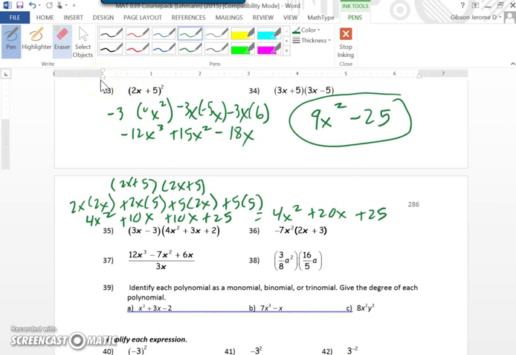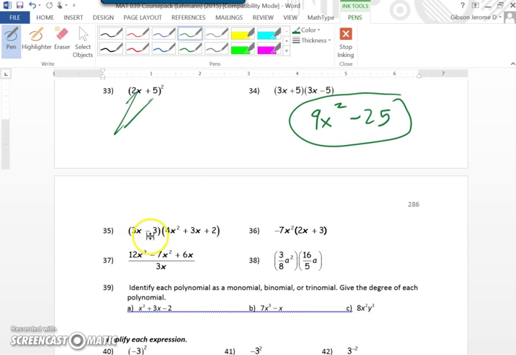Now we are going to go down here to problem 35. If you look here at problem 35, you notice we have a binomial times a trinomial. So we take this binomial times this trinomial.